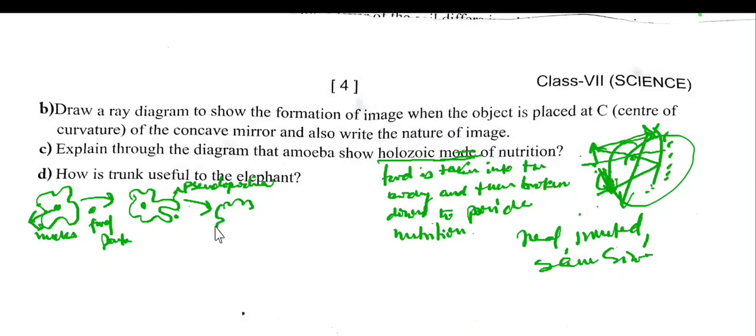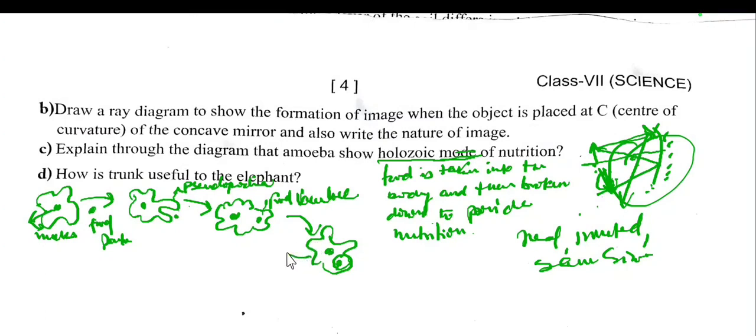Now see how the food has been engulfed. The food is here, and this is the food vacuole, V-A-C-U-O-L-E, vacuole. The next stage: this is the nucleus and this is the food vacuole.